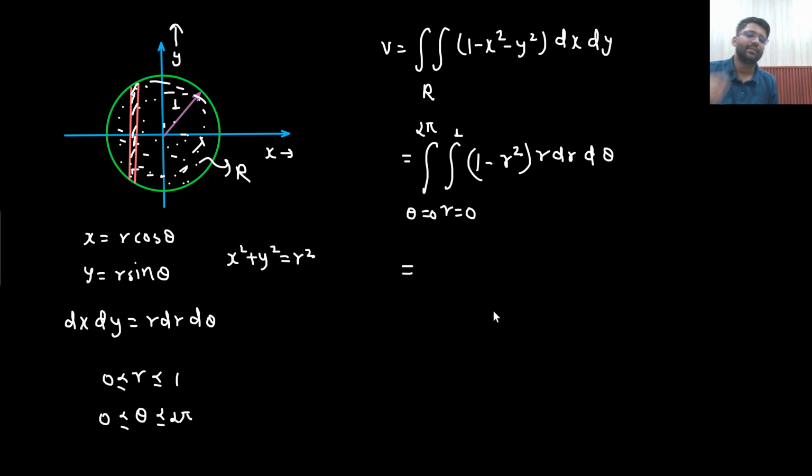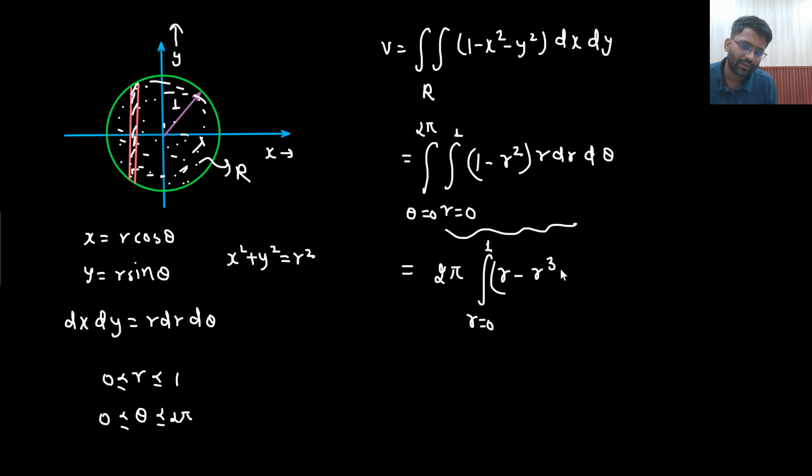So how can you solve it? The theta integral you can take separately because both are constant limits. The integral of d theta gives theta, and putting the limit, 2 pi minus 0 gives 2 pi only. The r integral I need to solve separately. Multiplying r inside, this becomes r minus r cube dr. So I get r square by 2 minus r to the power 4 by 4, from 0 to 1.